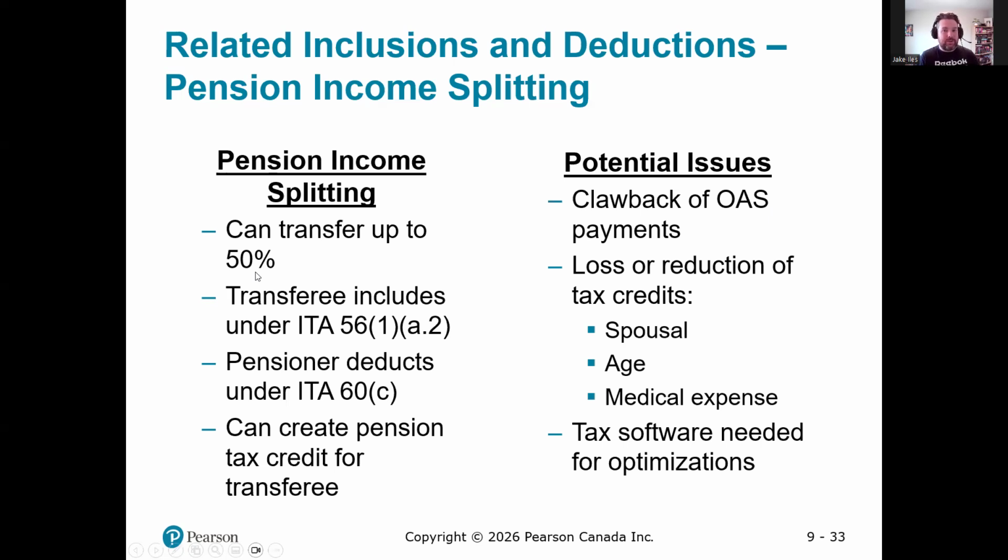Maybe it might be best to transfer 20, 25, maybe just 8% of the pension income. The optimization will check all of those potential options and let you know what comes out as the best consequence. So it might say, here, transfer 32%. That gets you the biggest refund between you and your spouse.